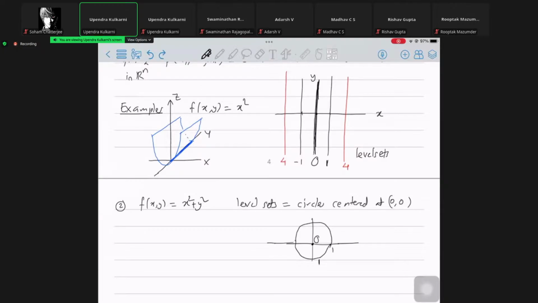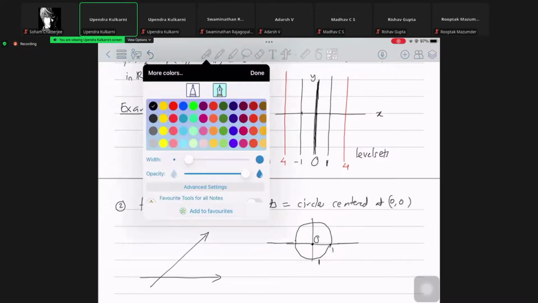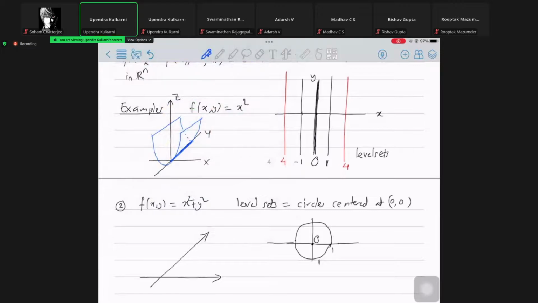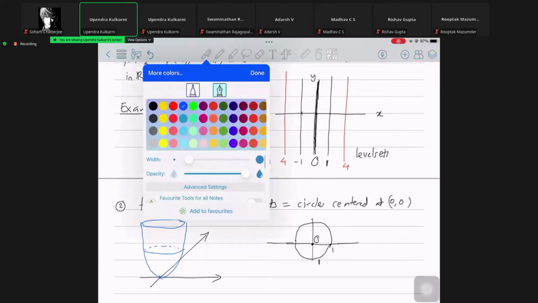So in the same way, I have this x and I have the y. And maybe something like this, and of course, to attempt to give it some kind of depth.